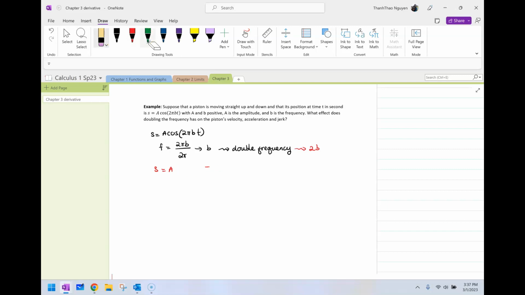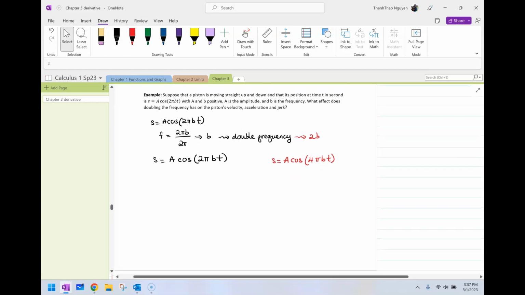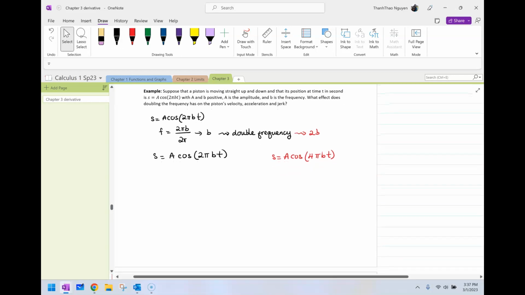So let's make this into two columns so that we can make a comparison. s equals a cosine of 4 pi bt, and the original one, s equals a cosine of 2 pi bt. So what effect does it have on the velocity? Well, the velocity is the first derivative.